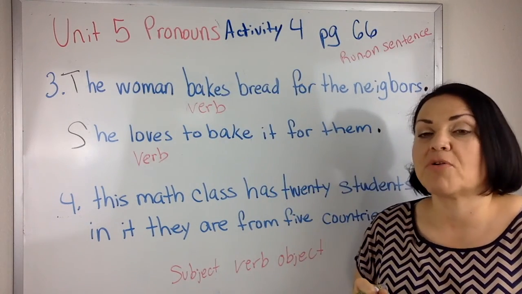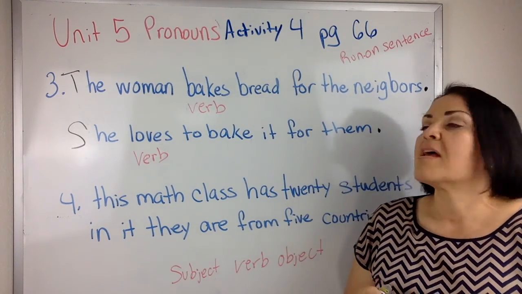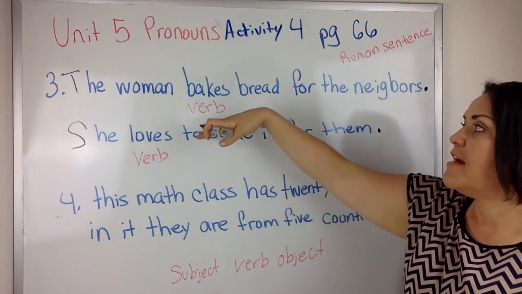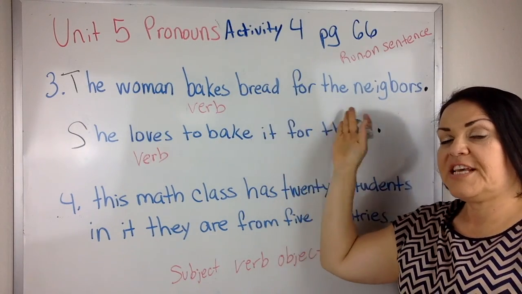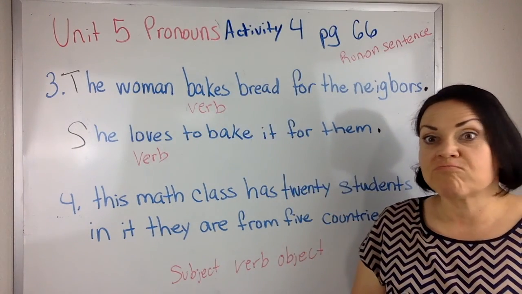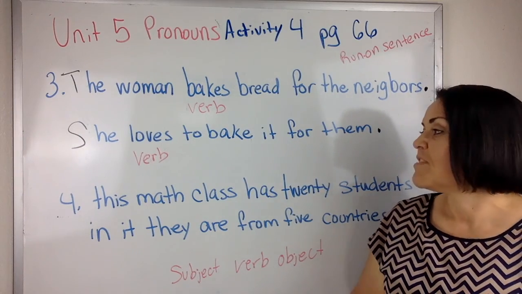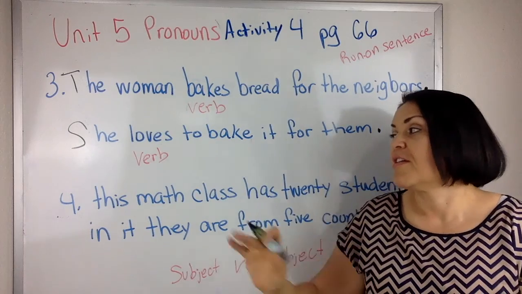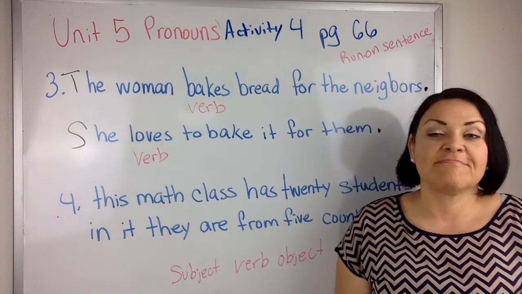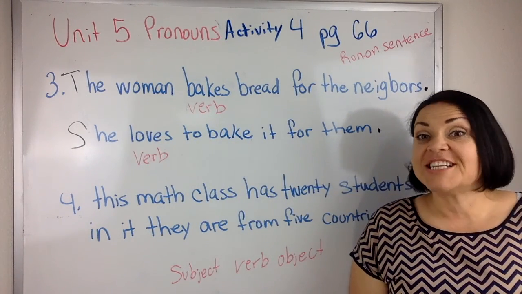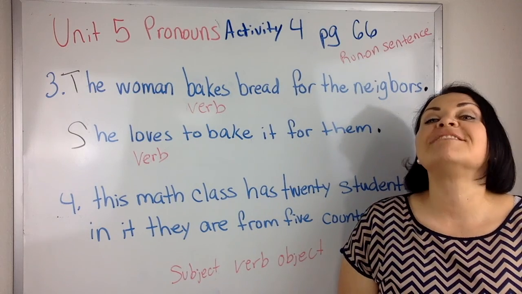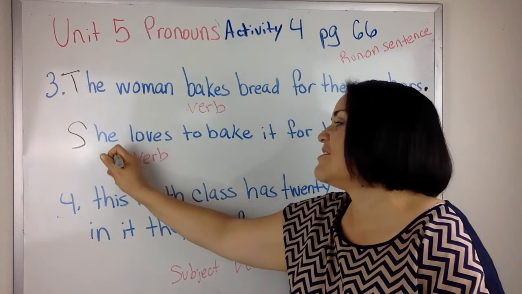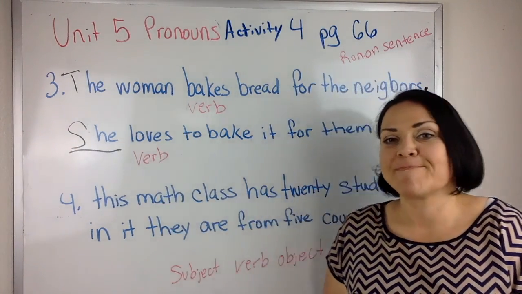Is there a subject pronoun? Here's the verb, after. Do you see an object pronoun? She loves to bake it for them. Before the verb. Is it a subject? Yes. Is it a pronoun? Yes. So you will underline it 1 time.